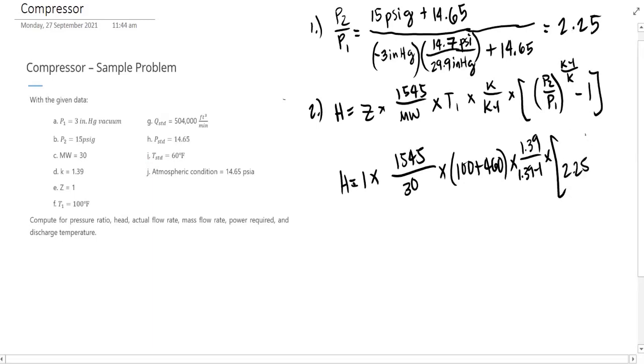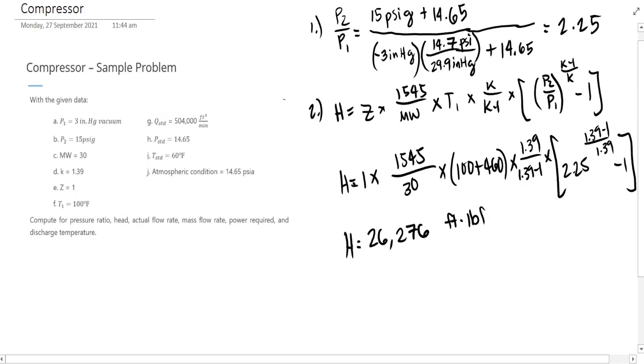Ito raised to sa 1.39 minus 1 over 1.39. So, finally, yung head natin ay 26,276 feet or foot-pound force.